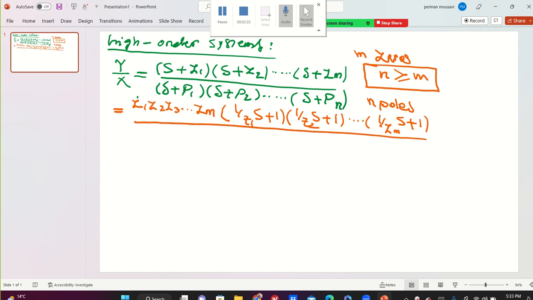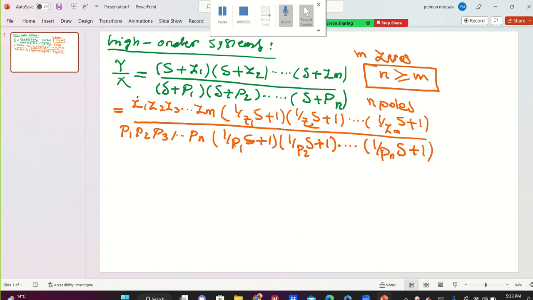I'm going to do the same practice and factor out the p's. So you're going to have p1, p2, p3, and pn, 1 over p1 s plus 1, 1 over p2 s plus 1, and so on.